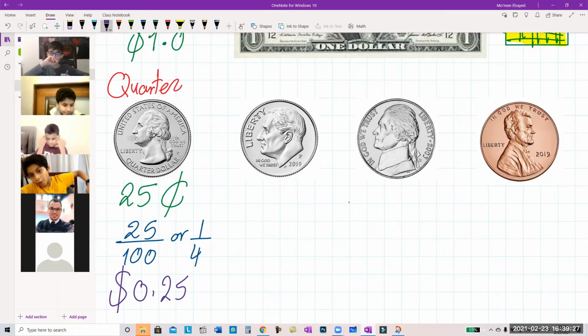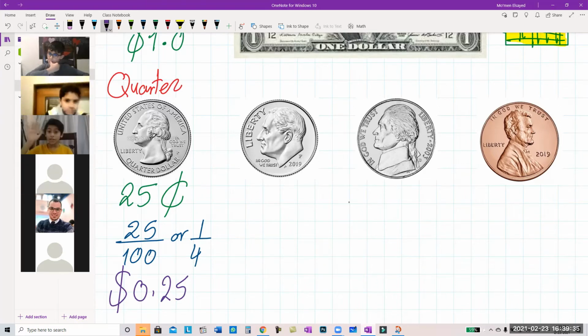The next coin here is what? If you can't recognize or identify the meaning of each one, let me tell you a trick here. Do you see this guy on this coin, the quarter coin?